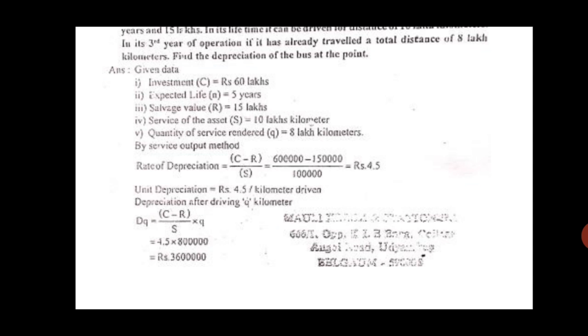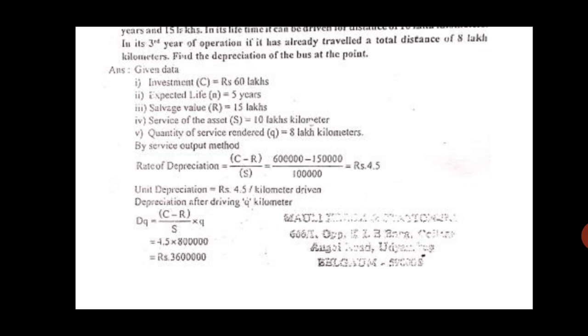So here in the service output method of depreciation, we are not computing the depreciation based on time. It is based on the service rendered by the asset. In this Volvo bus, which has got a life of 10 lakh kilometers, the initial cost was 60 lakhs, salvage value is 15 lakhs, and the life is only 5 years. But if it has already traveled 8 lakh kilometers, what is the depreciation?